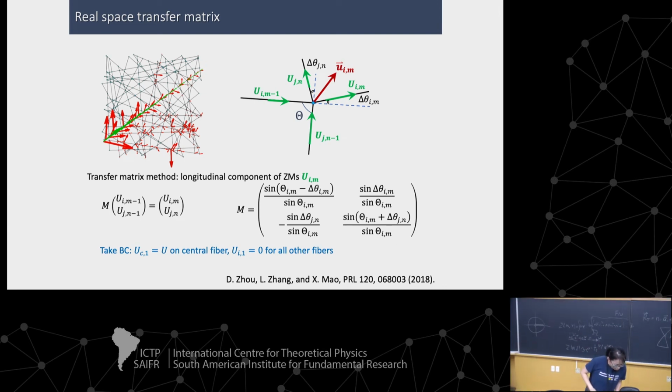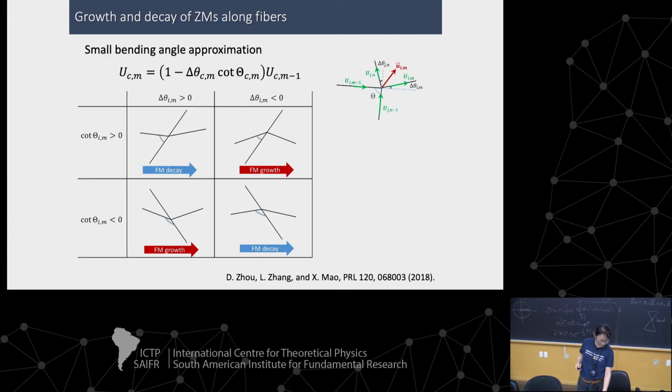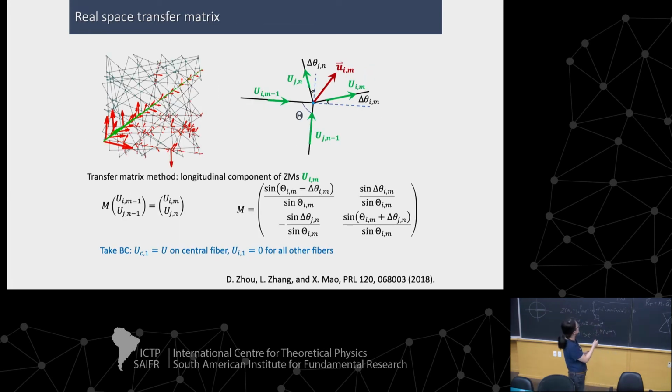Okay, yeah, so here is the transfer matrix, which tells you how the zero mode solution propagates. And without the complex math, basically what happens is that if all the fibers are straight, this matrix is just the identity matrix because this one becomes this one, and this one becomes this one, if it's straight, okay?